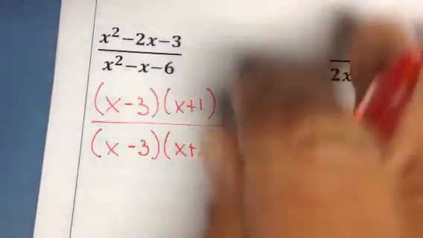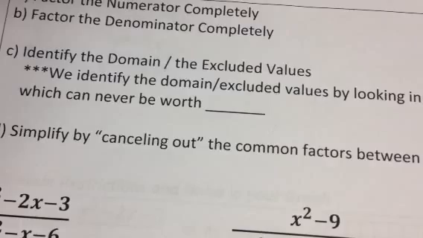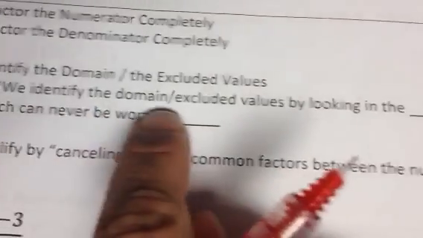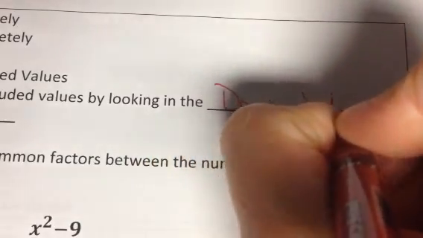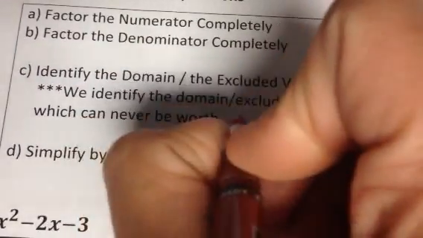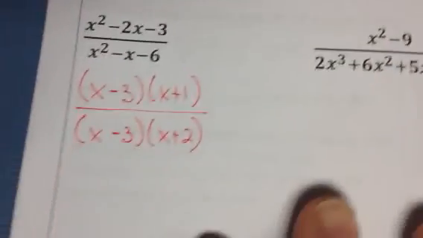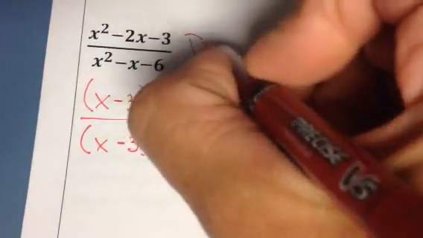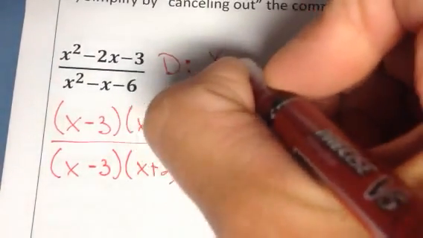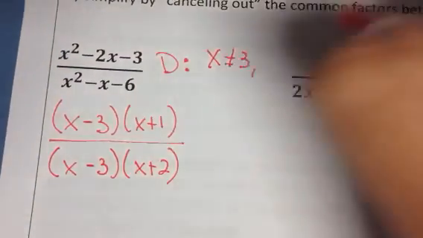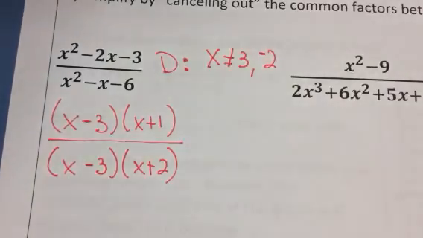So when I talk about the domain and the excluded values, we identify the domain or the excluded values by looking in the denominator. And the denominator can never be 0. Okay? So what would make my denominator 0, and what I would worry about for my domain issues, these excluded values, and you're going to be seeing this a lot, is that x can never be 3 and x could never be negative 2. Those are pretty simple to see.